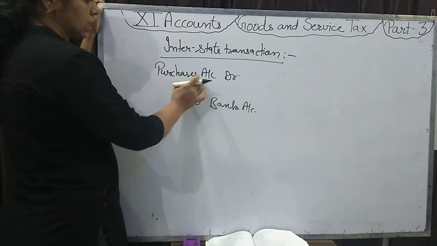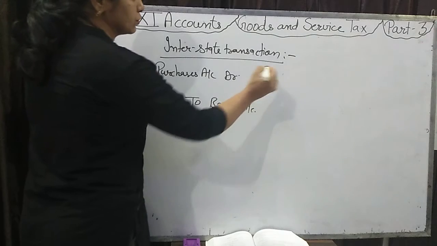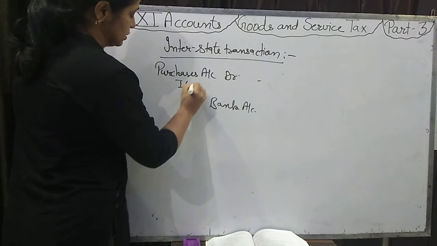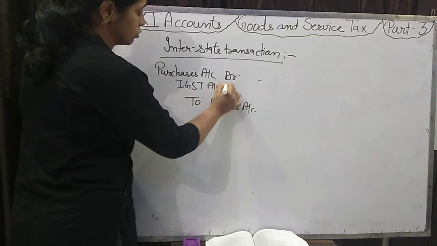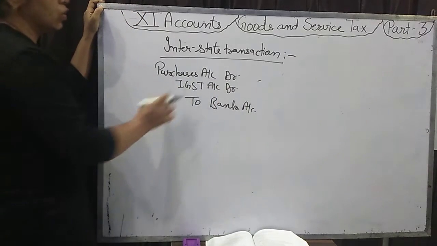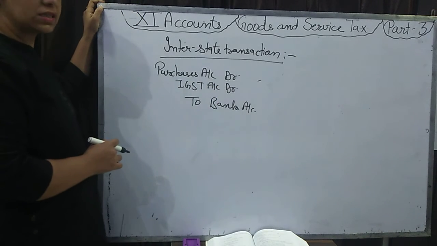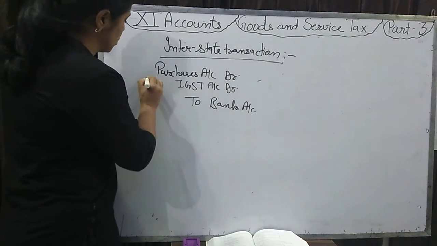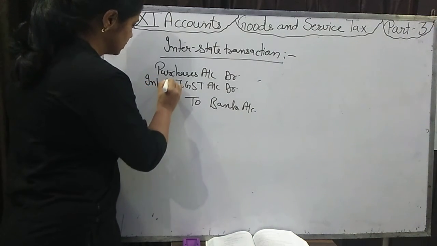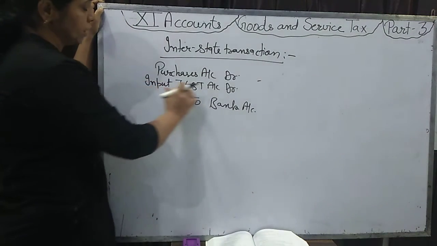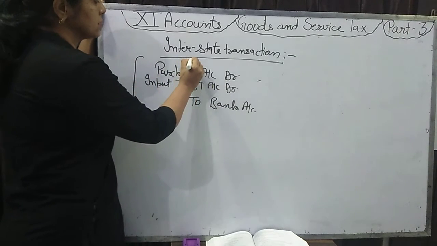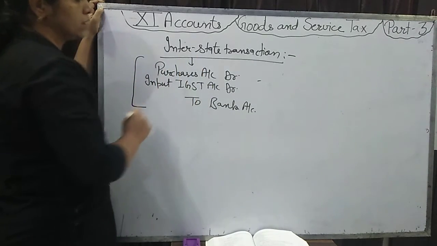In the purchases account we will debit the cost of goods, and we are paying IGST. When there is a transaction between two states, we will pay only IGST, not CGST and SGST. That paid GST is known as input GST. So input IGST will be debited along with the purchase account when there is an interstate transaction.